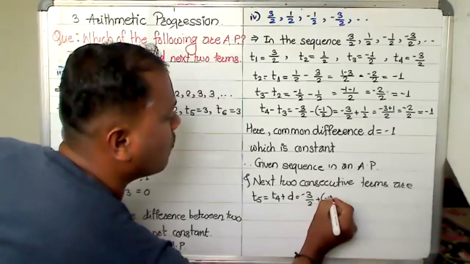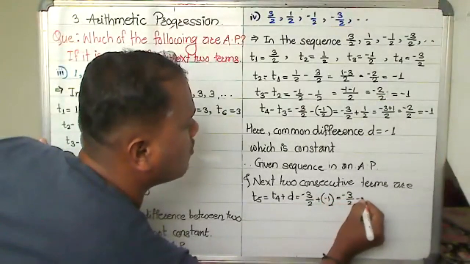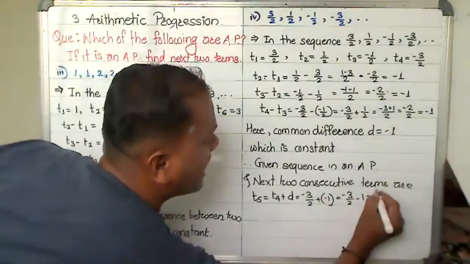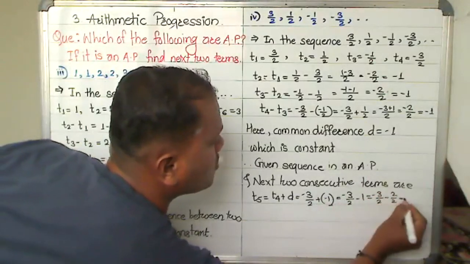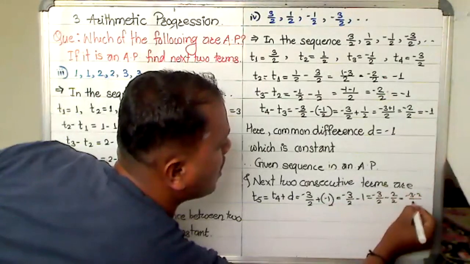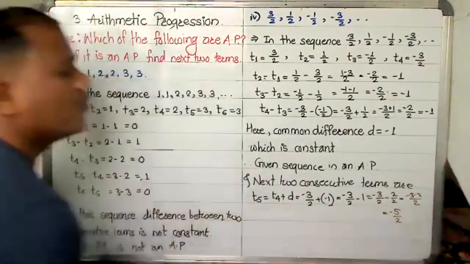So minus 3/2 minus 1, I can write this as minus 3/2 minus 2/2. So minus 3 minus 2 upon 2, which is equal to minus 5/2.